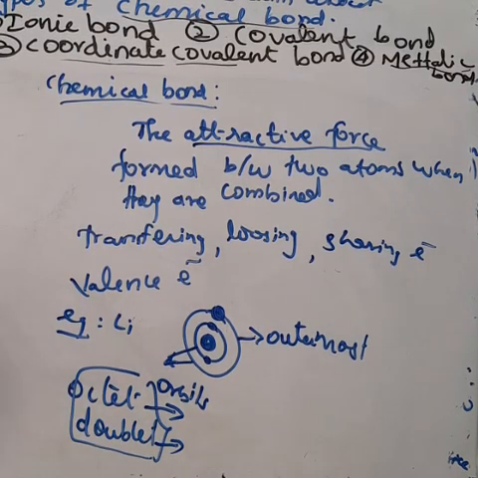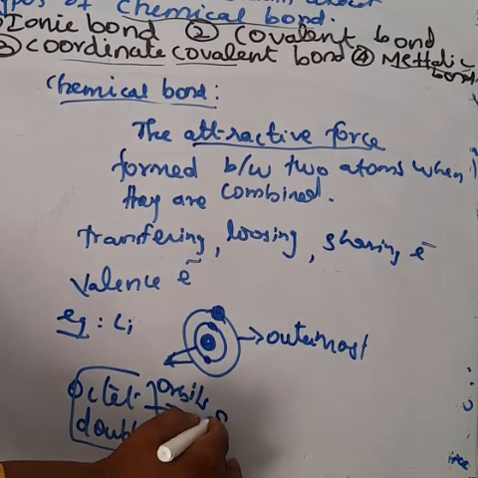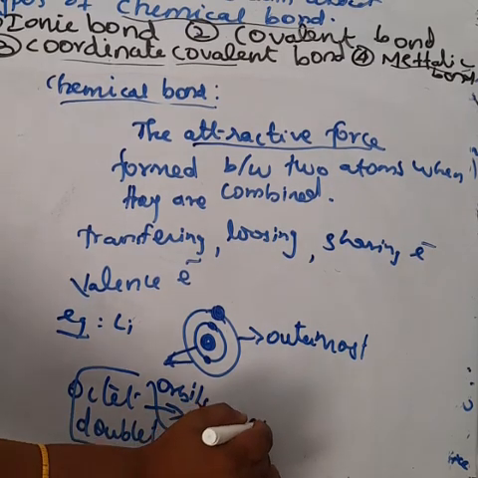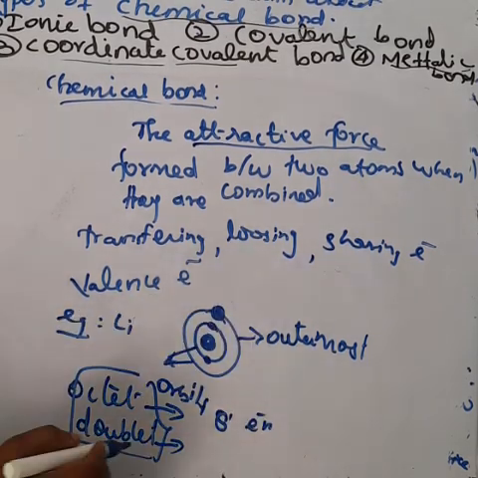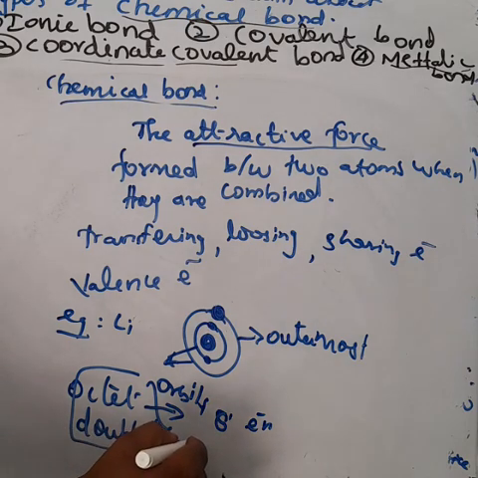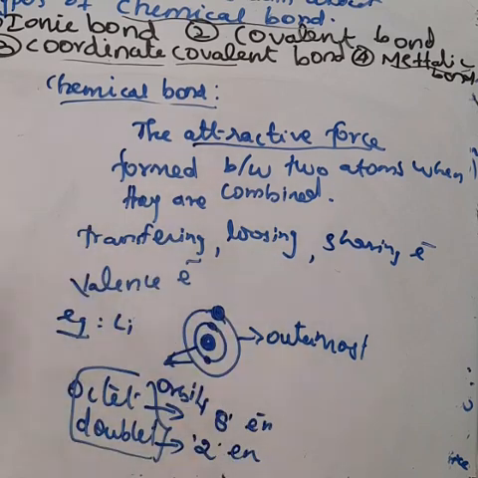Octet configuration means every atom should have 8 electrons in their outermost orbit. Doublet configuration means certain atoms should have 2 electrons in their outermost orbit.